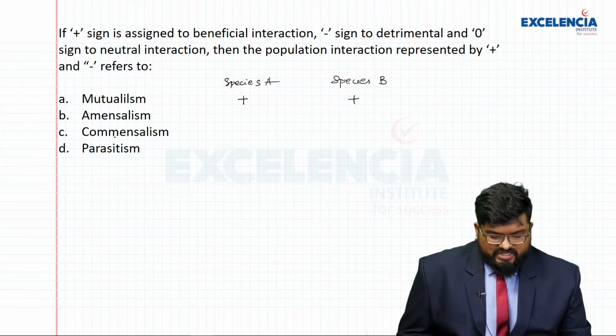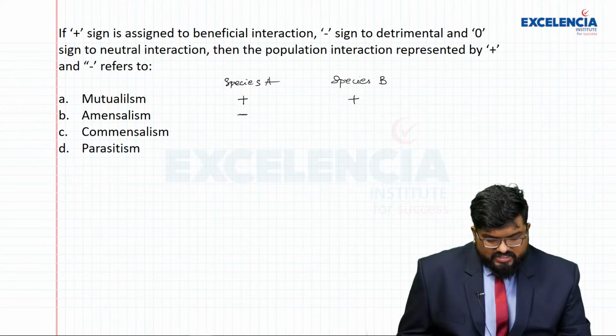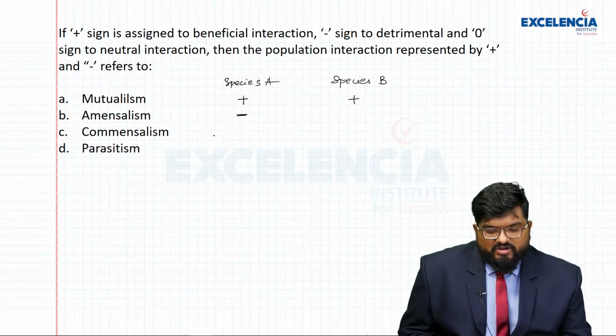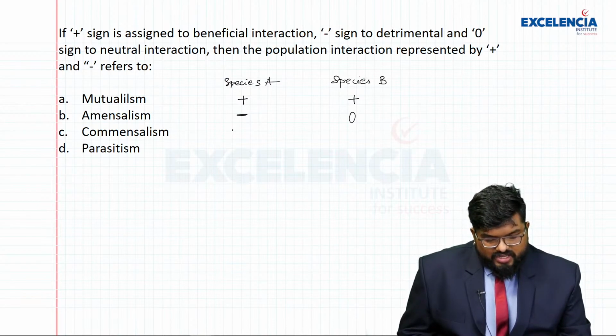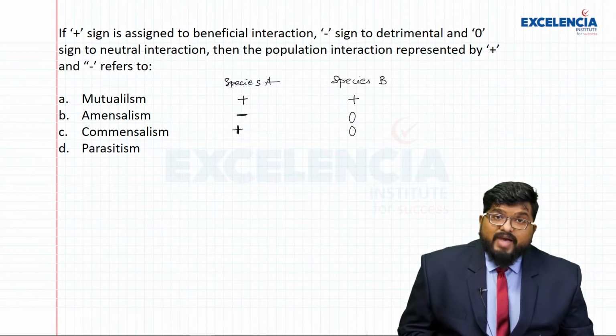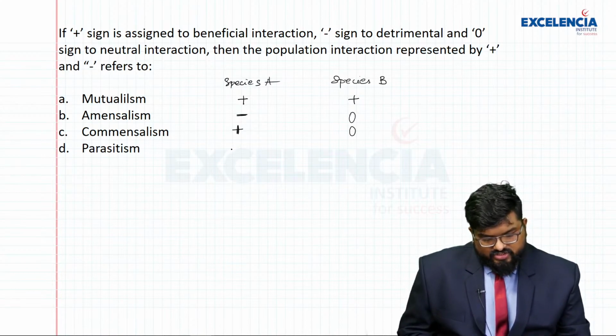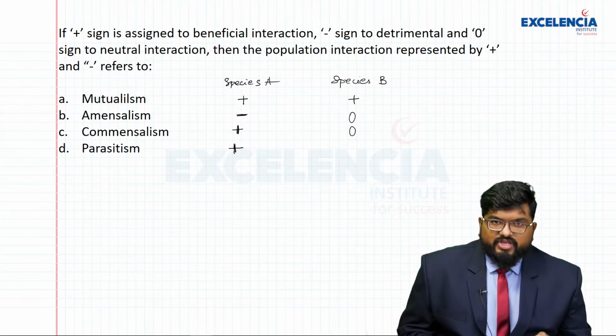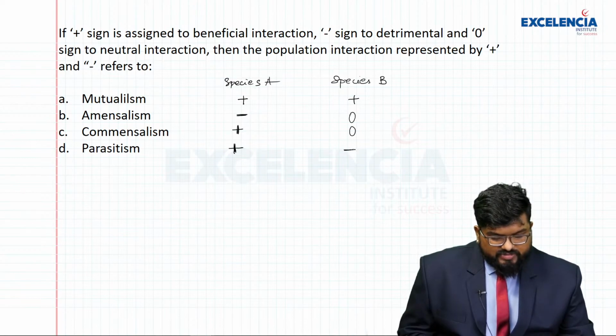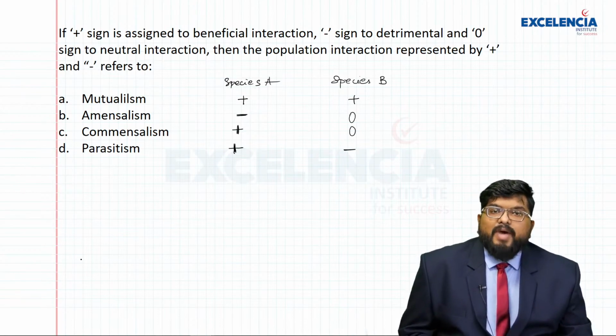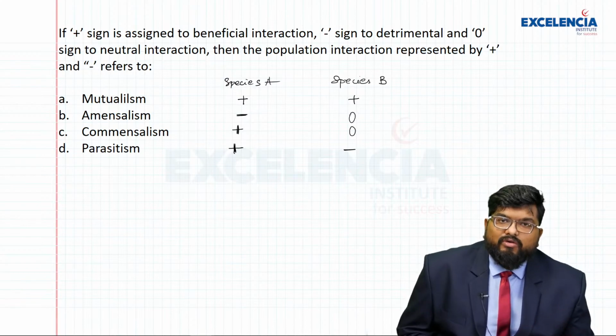Amensalism and commensalism. Amensalism is a condition where one is having a detrimental effect, the other is neutral. In commensalism, one is having a positive effect while the other is neutral. Whereas parasitism is the condition where species A gets positive interaction at the cost of species B. So a parasite feeds on a host.